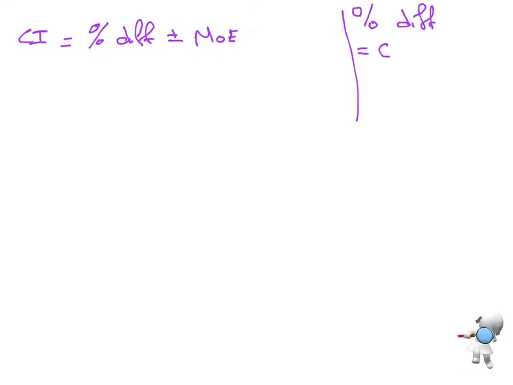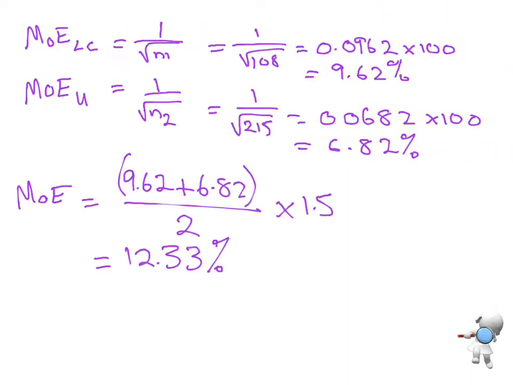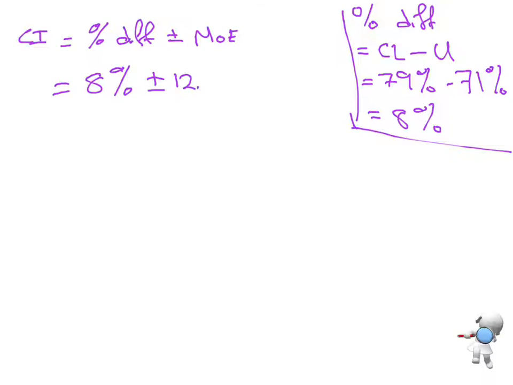In this case, I'm doing the central and lower North Island minus the upper North Island. That was 79% take away 71%, so that's a difference of 8%. All right, so my percentage difference is 8%, plus or minus that margin of error of 12.33%.